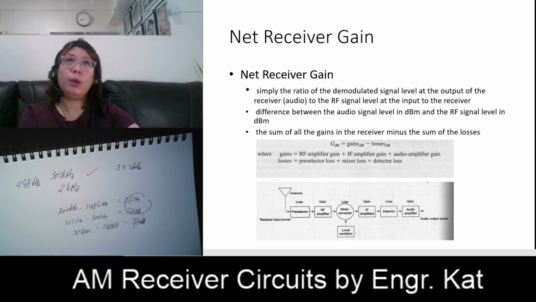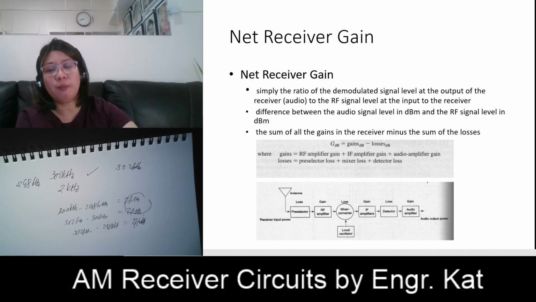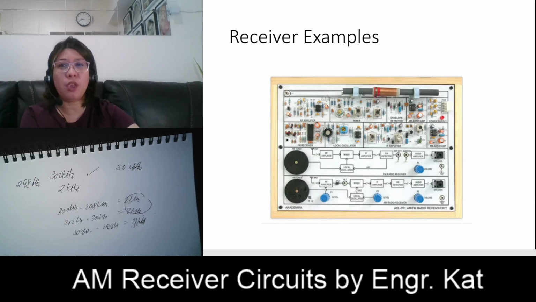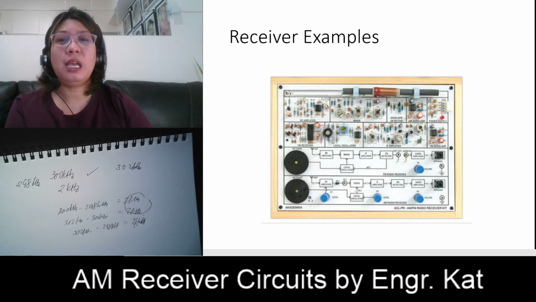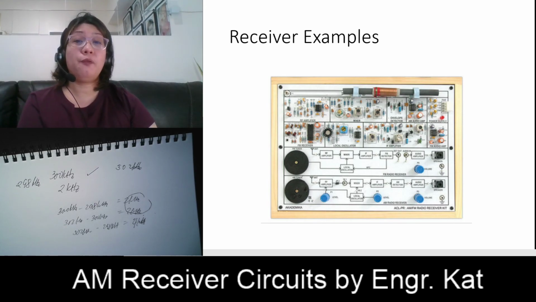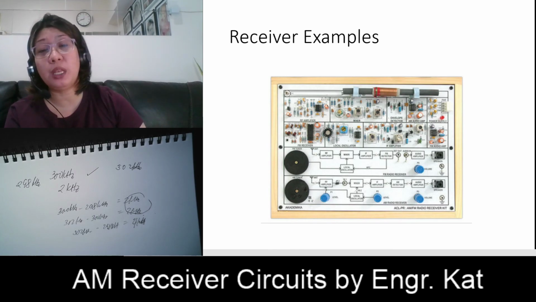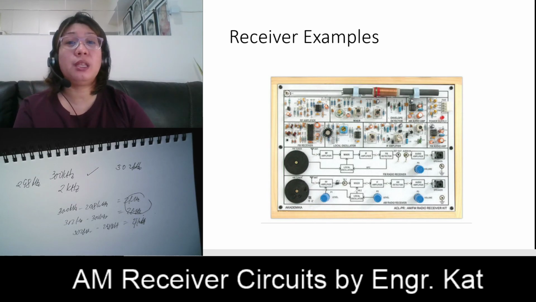So, what is the practical application of these things that we are talking about? I have here some receiver examples. These are circuits wherein we still make use of discrete components. This is a combination of integrated circuits and discrete components.